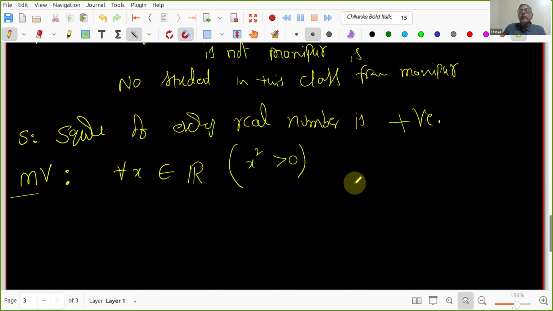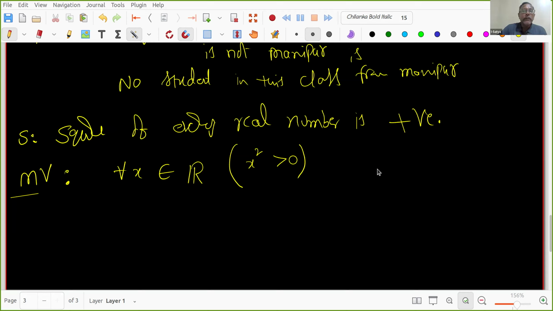Most of you said yes, but a few of you ticked no. I will start with a person who ticked no. Somebody from room number 2, who ticked no? Nandani Gupta: Yes, 0 is also a real number, but its square is not greater than 0.